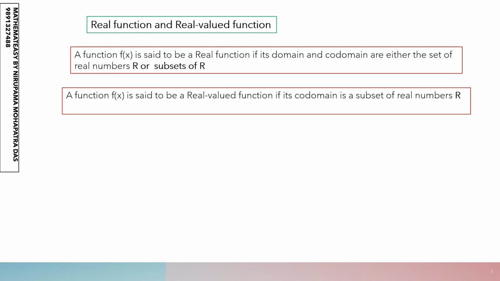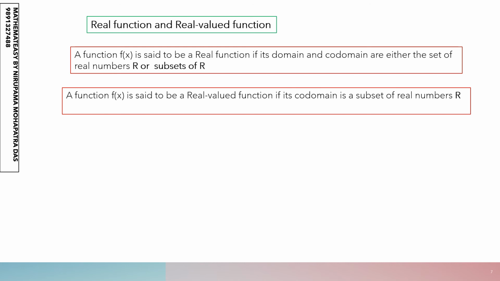On the other hand, the function f(x) is said to be a real valued function if its codomain is a subset of real numbers. Here nothing is told about the domain of the function.